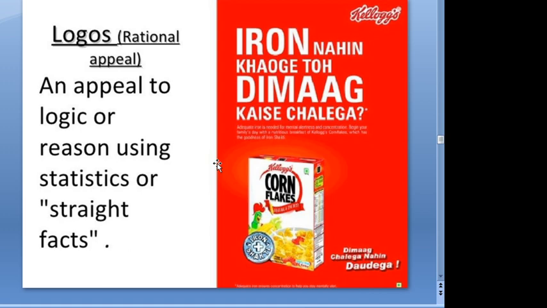You will find in this ad they speak about iron, that this product is full of iron and it is useful for kids or children. So they used a logic or rational appeal.